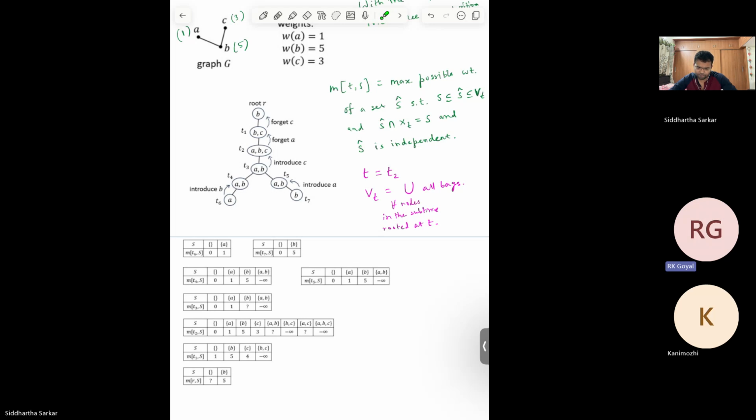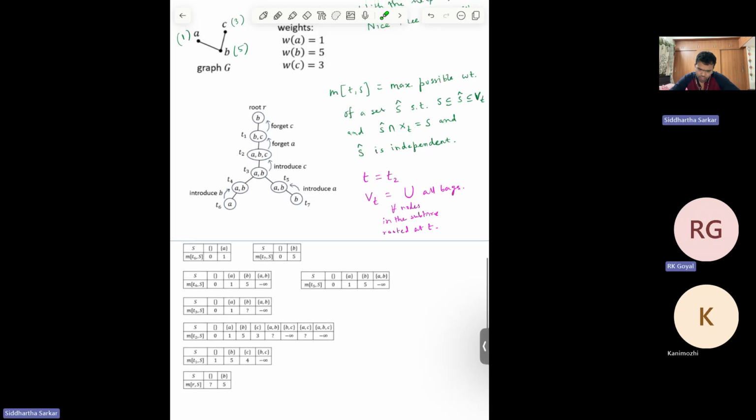Because XT is the content of the bag of t2, right? And what is S here? It is not necessary that all the vertices in S are independent, or that all the vertices in XT are independent. That is also not necessary. So okay, let us first compute one of these entries, then we will be clear.